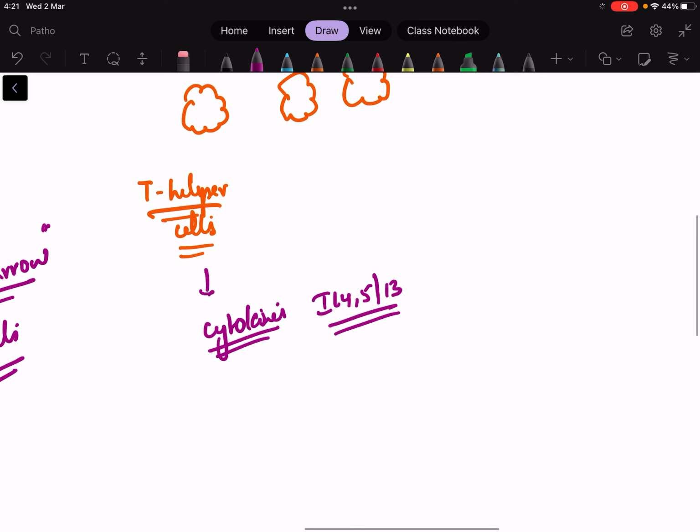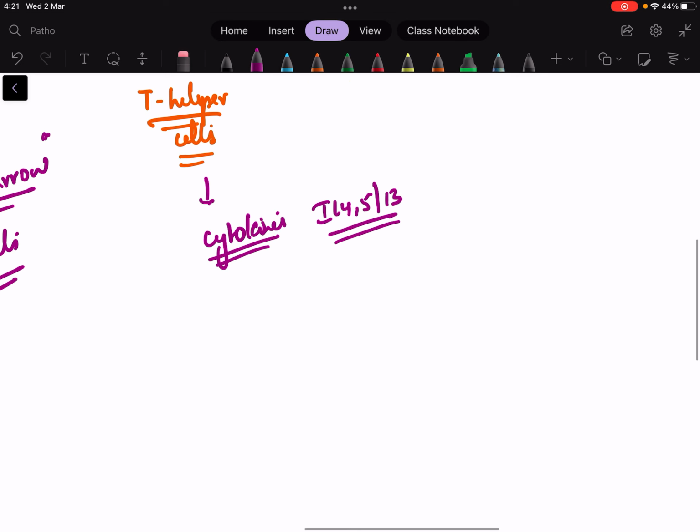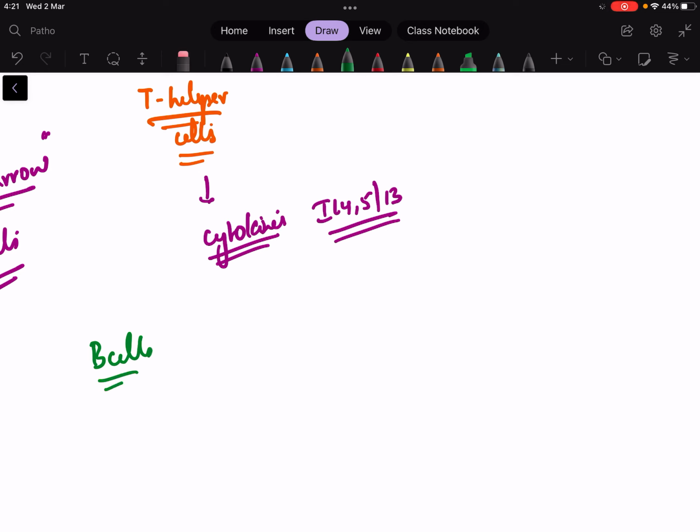So the T helper cells will produce cytokines like interleukin 4, 5 and 13, and when these interleukins are produced, the B cells will start converting into plasma cells, and once they are converted into plasma cells, they produce sticky glycoproteins called antibodies.